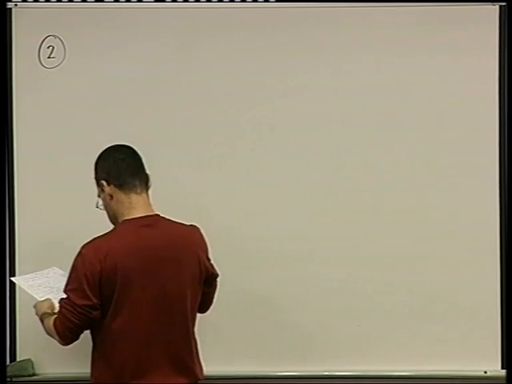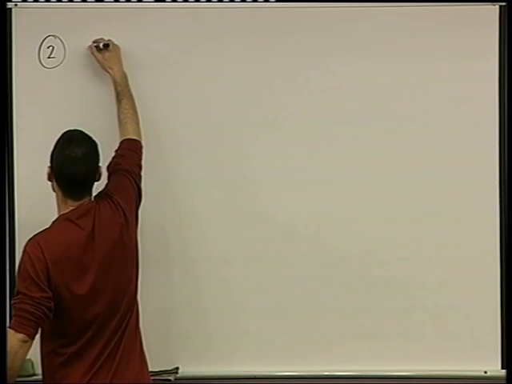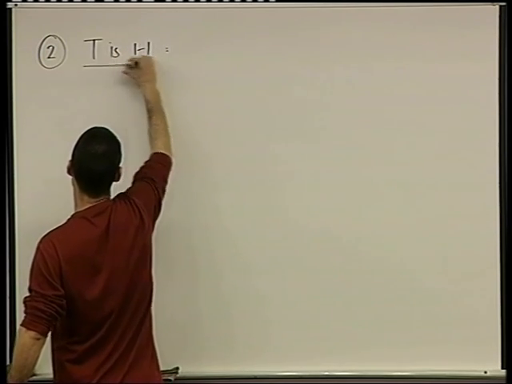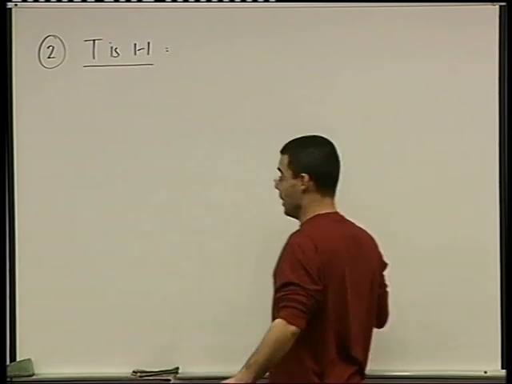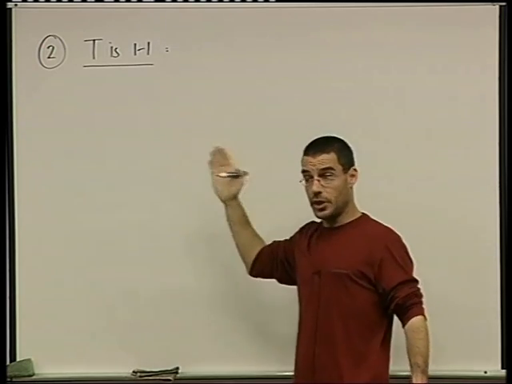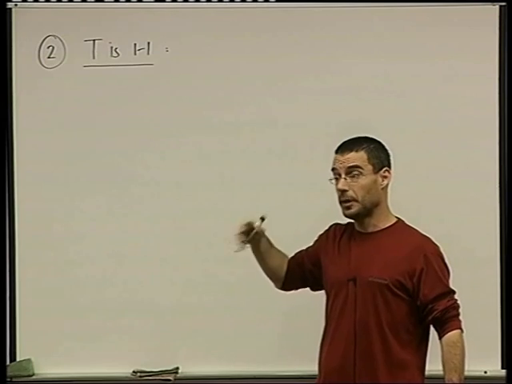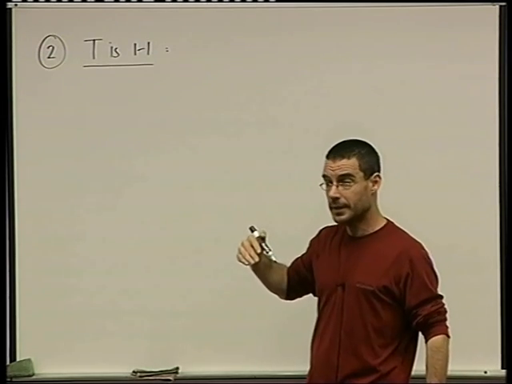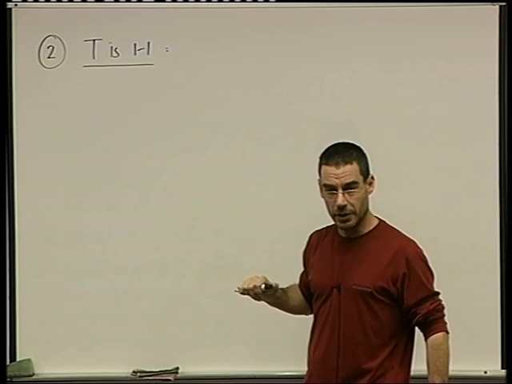Okay, so let's prove that. T is one-to-one. Let's show that first. You should already feel by this point that showing a map is one-to-one, how do you do it? Kernel is 0. Right, show that the kernel is 0.